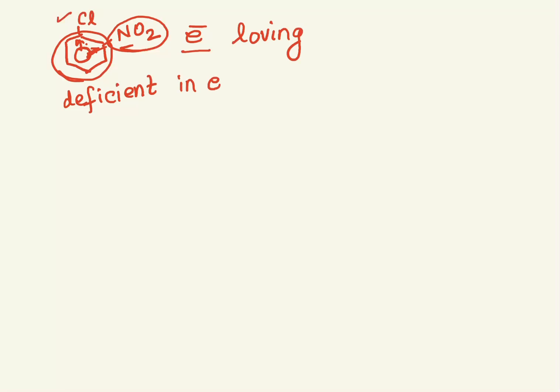electrons. If it is starting to get deficient in electrons, that means if there is something which is seeking a positive charge, or something which is having an affection or liking for a positive species, what do you call it? Yes, a nucleophile. A nucleophile comes and takes advantage of this situation.